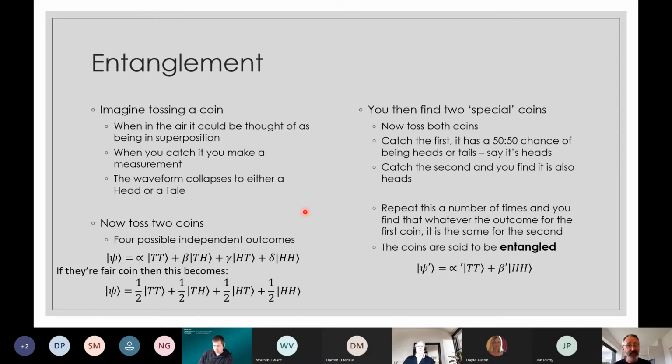It could be either heads or tails. So it's not as if you put a red ball in one box and a blue ball in another box, sent one box to Mars, and when you opened it, it was the same as mine. It's not predetermined. So entanglement is our second key element, after superposition.